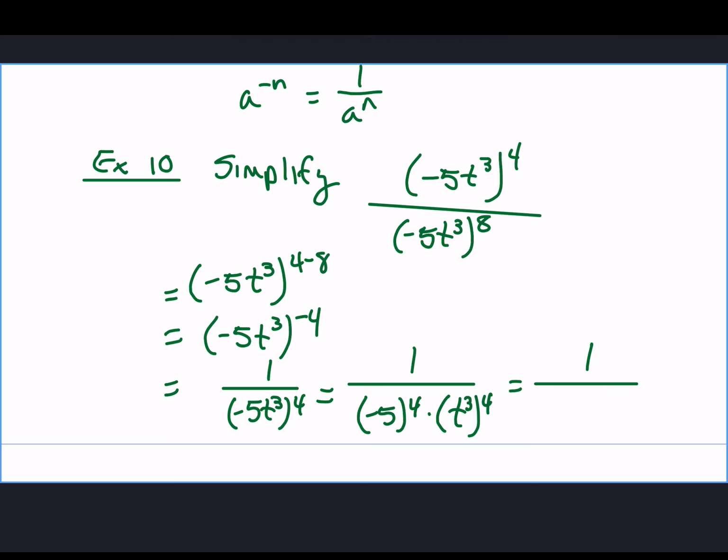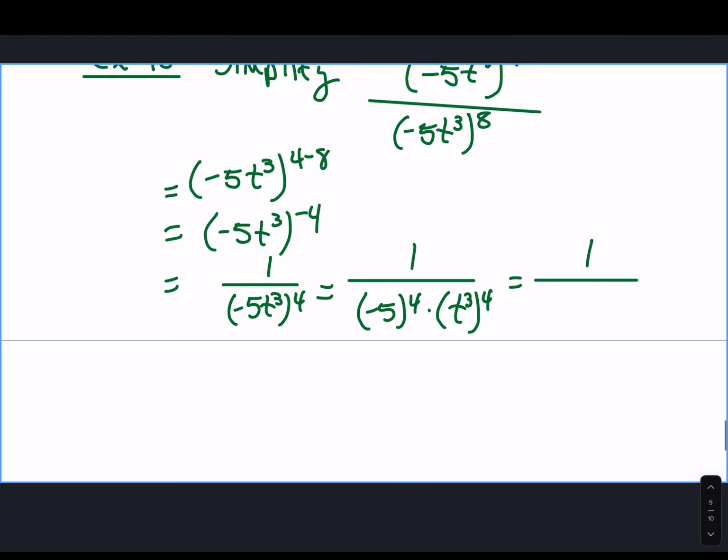So we're still going to have the 1 over stuff, right? The 1 over stuff. And negative 5 to the 4th power is not negative 20. Remember, we're raising to a power. So in your calculator, be sure to use parentheses since it's a negative. Negative 5, close the parentheses, raise that to the 4th power.